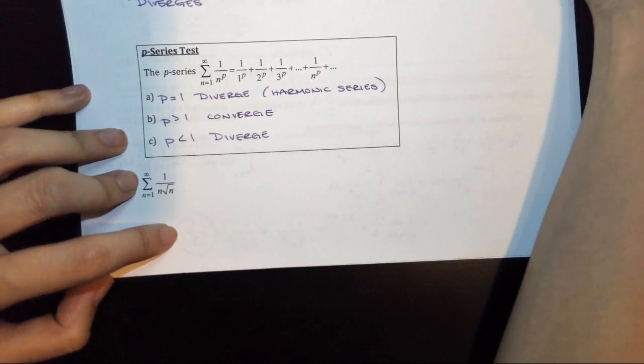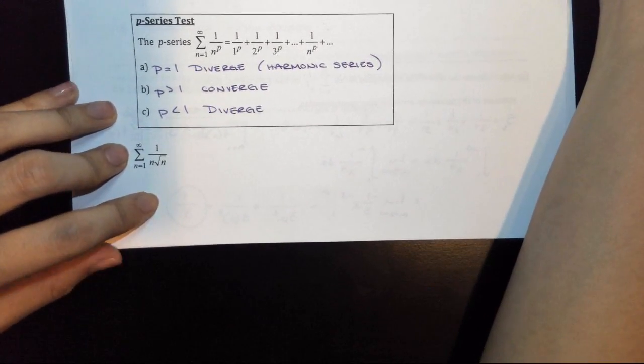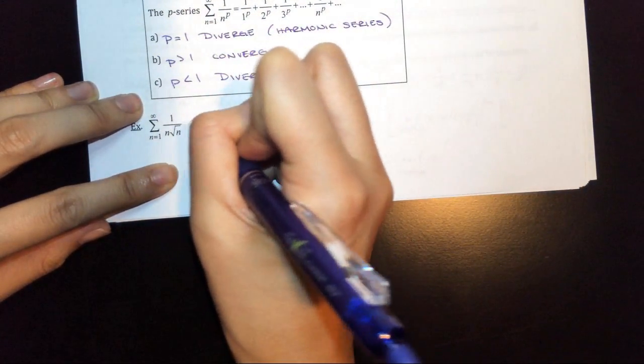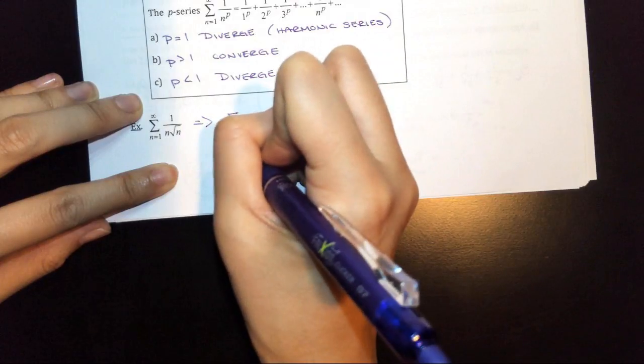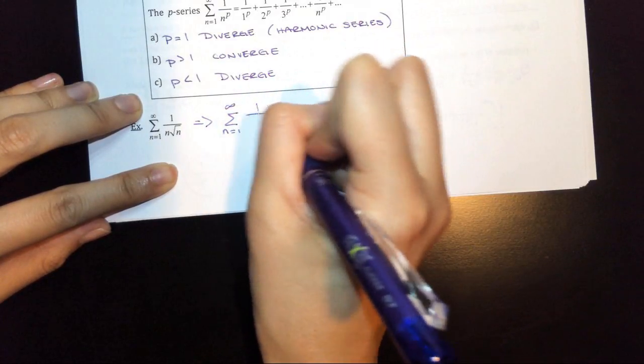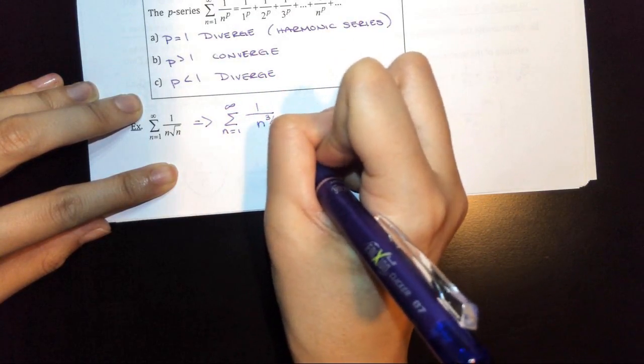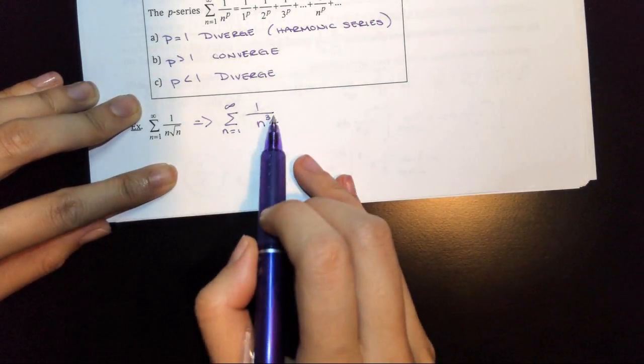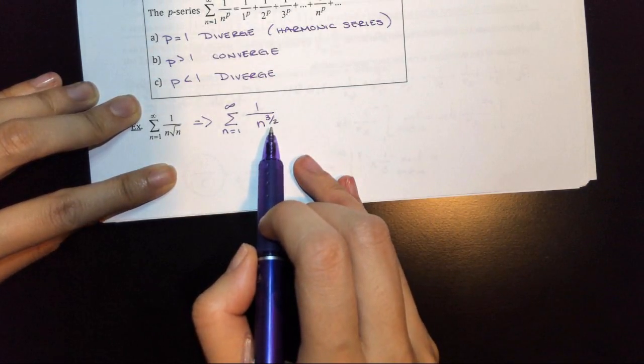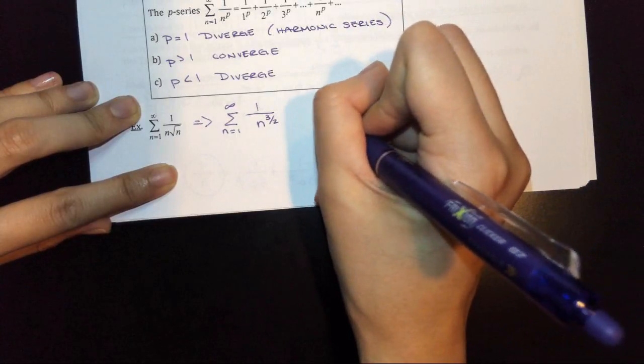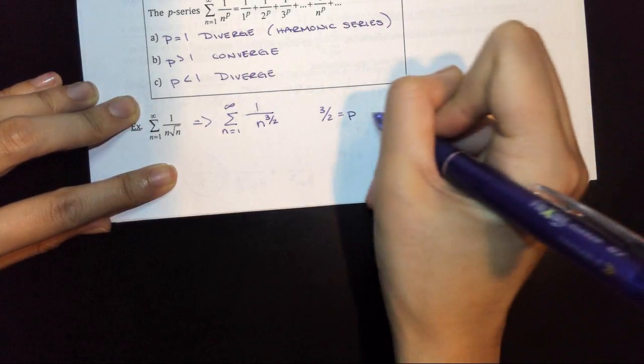All right, the p-series test is probably everybody's favorite test because all you have to do is recognize that this is a p-series. And this n can be rewritten as n to the 3/2. And 3/2 is going to be the p-value.